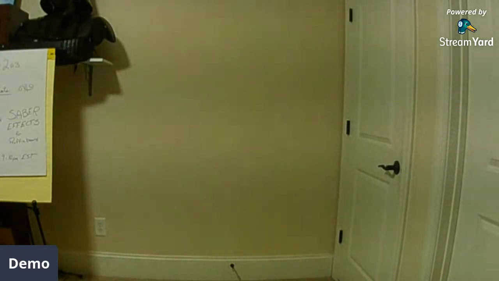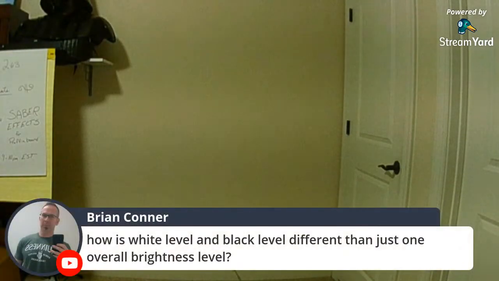Cool. So yeah, the white level and black level, they are brightness. I split them. So the original concept was going to be an overall brightness control.